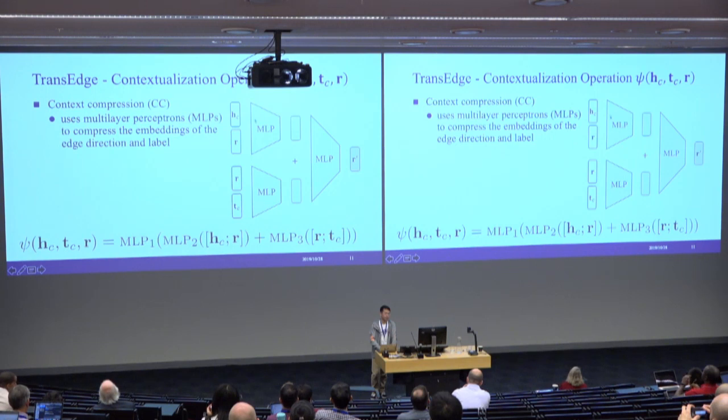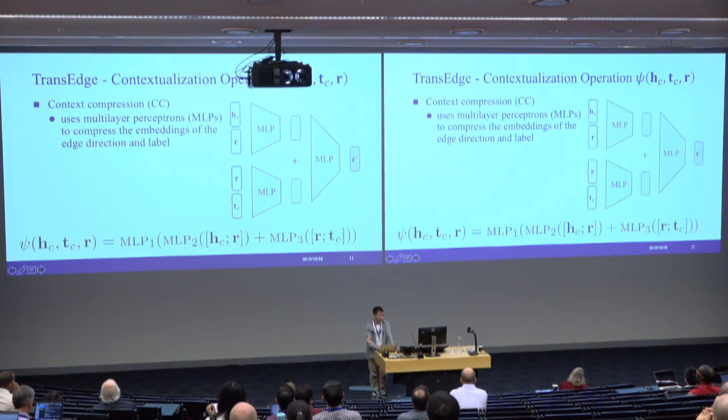In this paper, we designed two contextualization operators. The first one we call context compression. It uses multiple layers of perceptrons to compute the embeddings of the edge directions and the labels. Since it uses three vectors as input and outputs only one edge embedding, we call it compression.